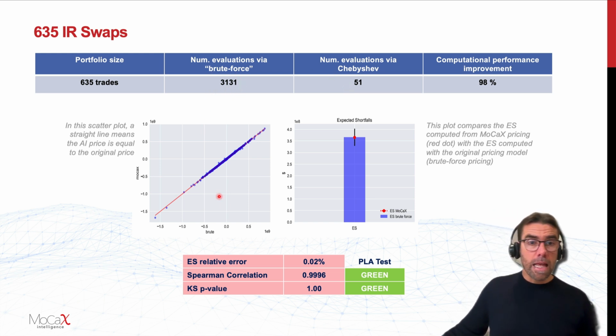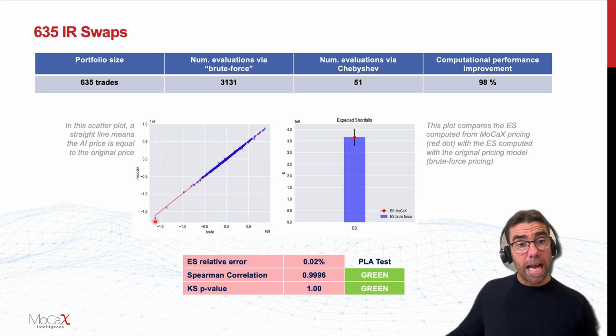prices. Here on the left, you can see the results in the sense of the horizontal axis is the brute force price, so the price using the front office model, and the vertical axis is the price using the Chebyshev approach. And of course, if these two prices are identical, we'll see all the dots in a straight line.